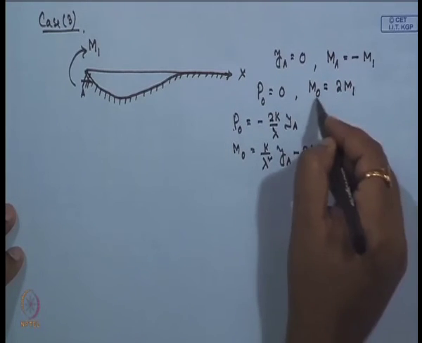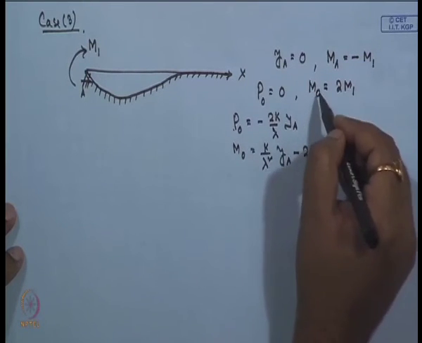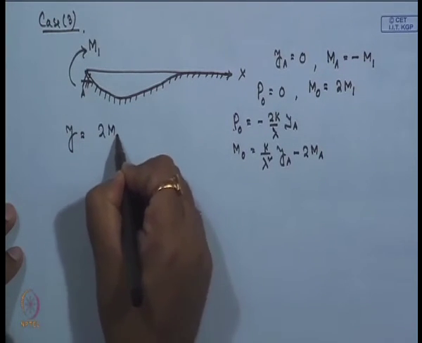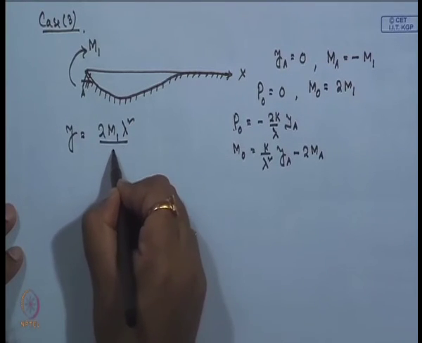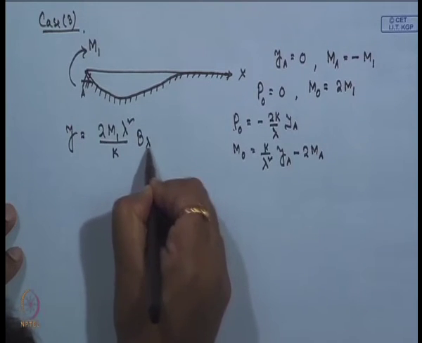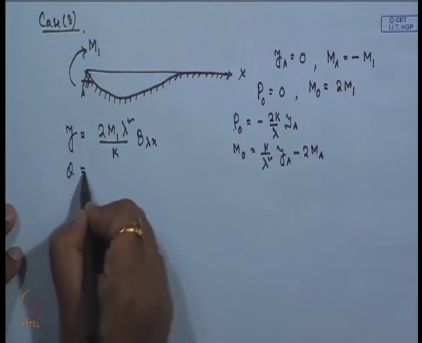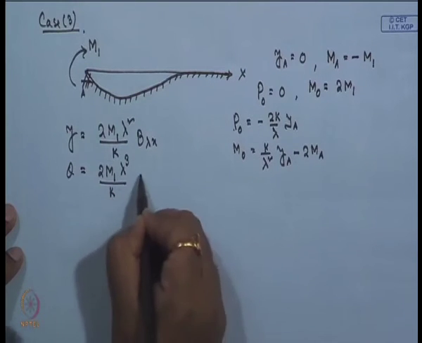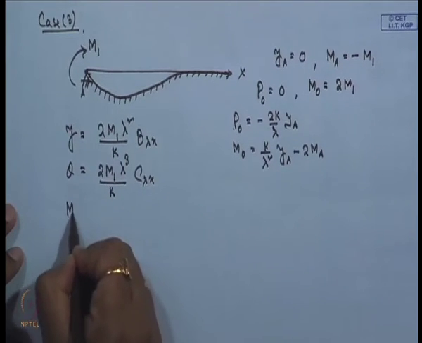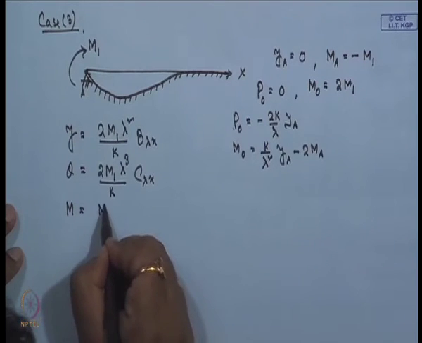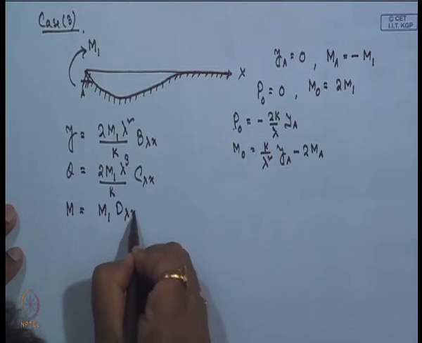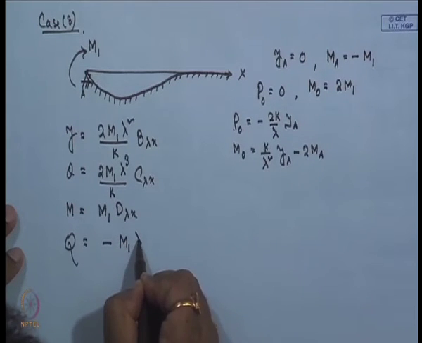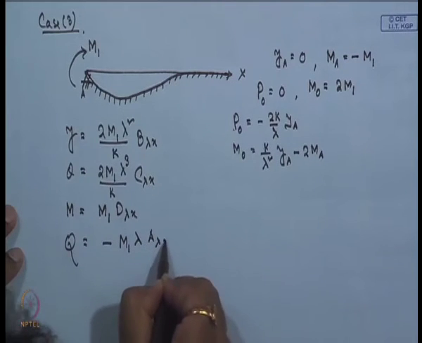If we place 2 m 1 in place of m 0, then we will get the deflection y equal to 2 m 1 lambda square by k b lambda x, theta is equal to 2 m 1 lambda cube by k into c lambda x, bending moment m will be m 1 d lambda x, shear force q will be minus m 1 lambda a lambda x.